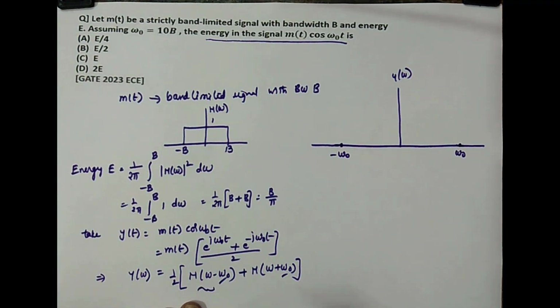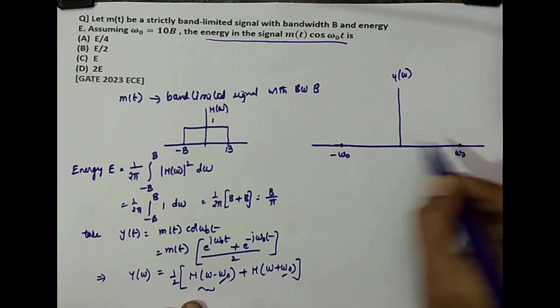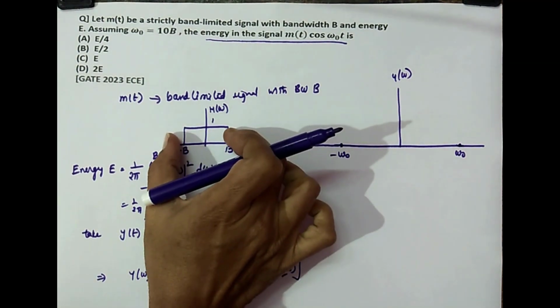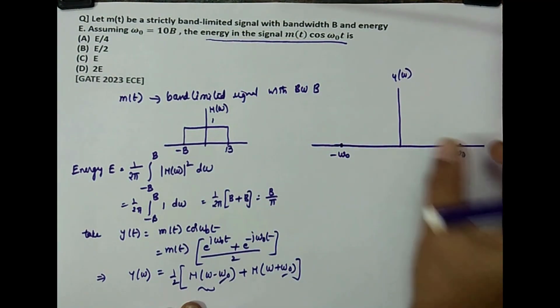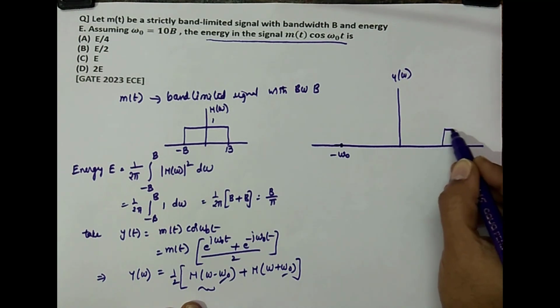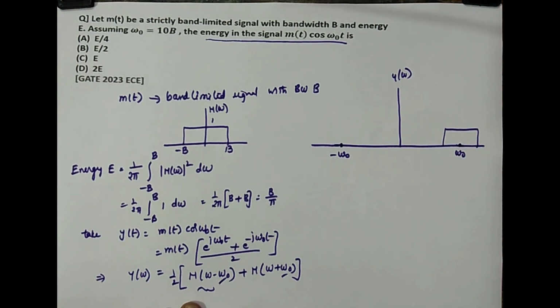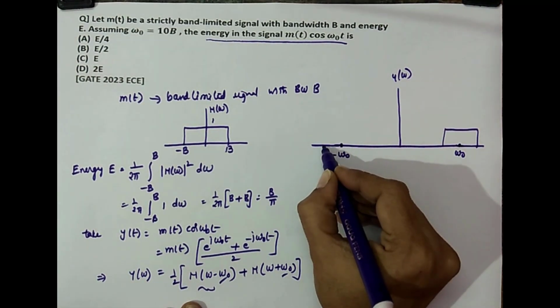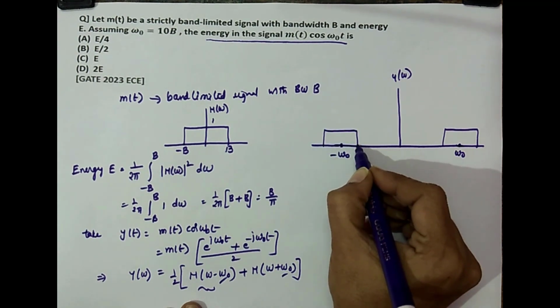So for this first term, you have to keep this M of omega here with omega naught as the center, like this. And here also you have to keep another replica.